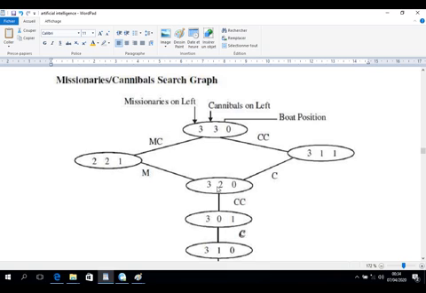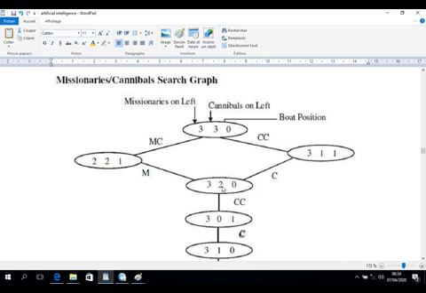Now from here, what do we do? We can bring back 1 missionary. At the moment there are 3 missionaries left and 2 cannibals.